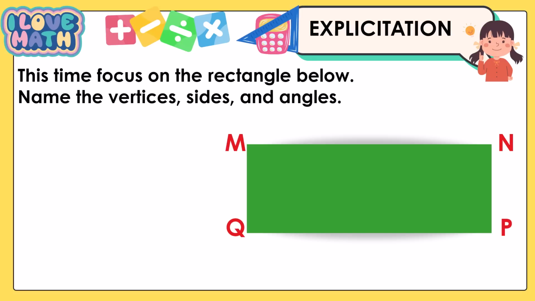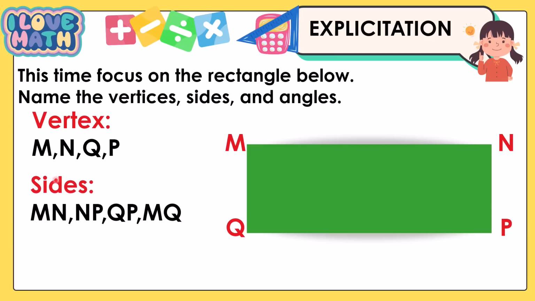This time, focus on the rectangle below. Name the vertices, sides, and angles. Vertex M, N, Q, and P. Sides MN, NP, QP, and MQ.